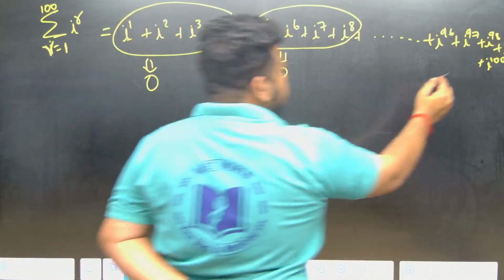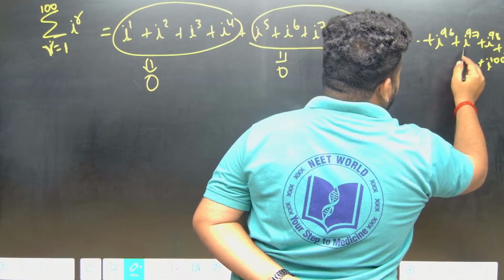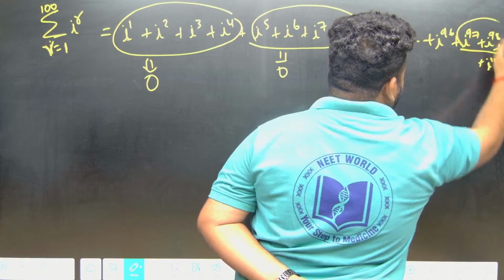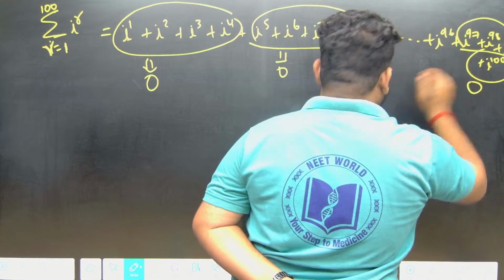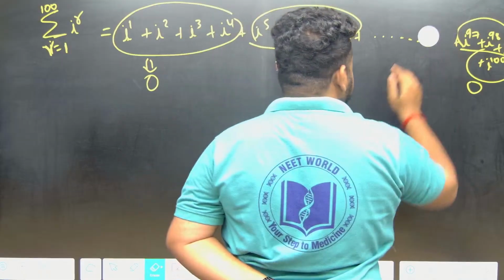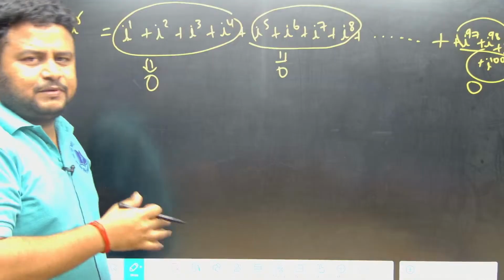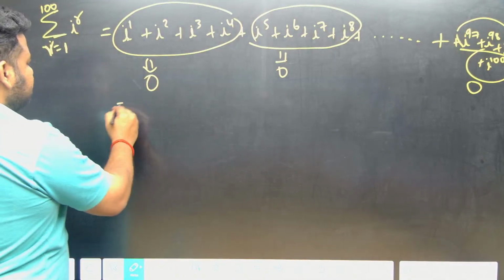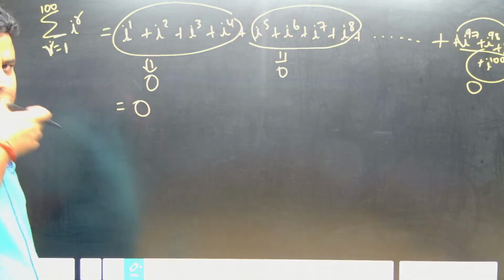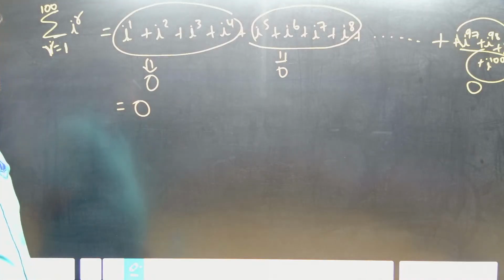And in the end also, these 4 values will become equal to 0. So the total value is 0 plus 0 plus 0, which will become equal to 0. This is how you can solve this question.